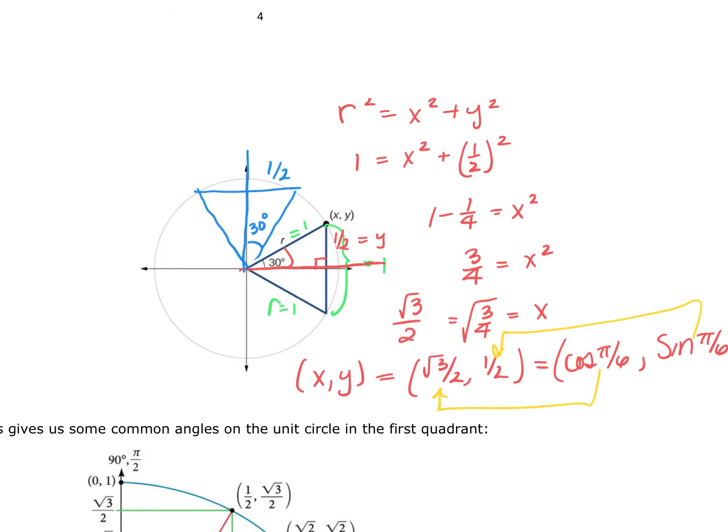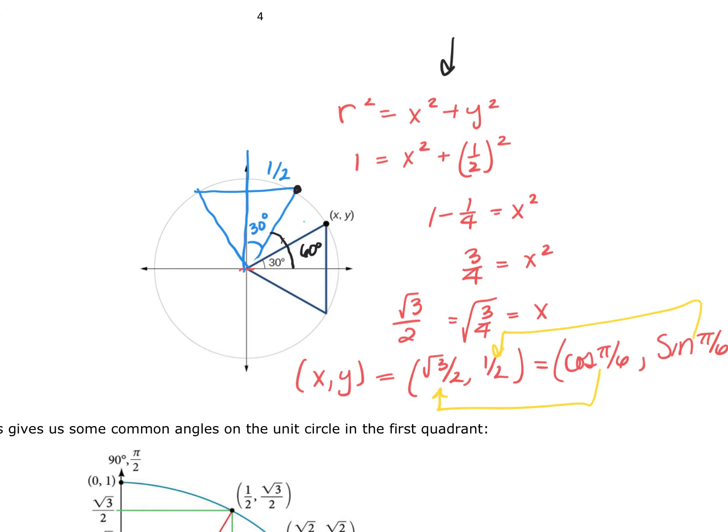I'm just going to erase a little bit of this because it's getting a little messy. Now, when I do that, that tells me that this angle that is remaining must be 60 degrees or pi over 3.